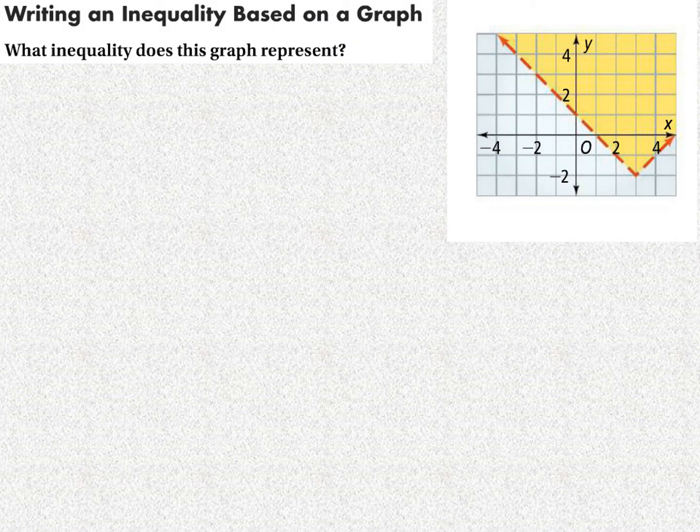Let's look at this example. They want us to write an inequality based on a graph. They want to know what inequality this graph represents. Well, just like we looked at in our 3.3 notes, when we ask you to write an absolute value from a graph, be it an equation or an inequality, we're always going to let you assume that b equals 1.